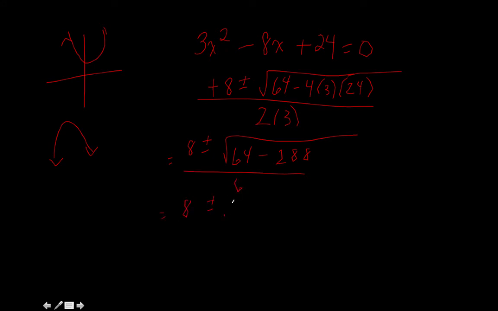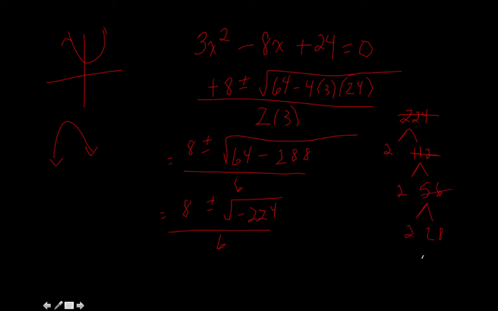8 plus or minus the square root of negative 224 over 6. So 224 is 2 times 112, which is 2 times 56, which is 2 times 28, which is 2 times 14, which is 2 times 7.